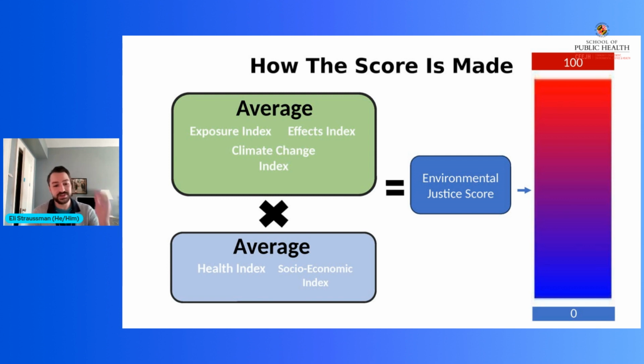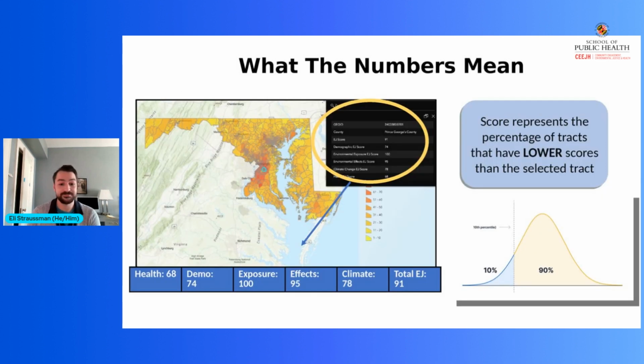So what we do is we take this large range of numbers and we reclass them. We put them in percentile form so we can determine how these numbers stack up in comparison to the same variables in other localities in the state of Maryland.